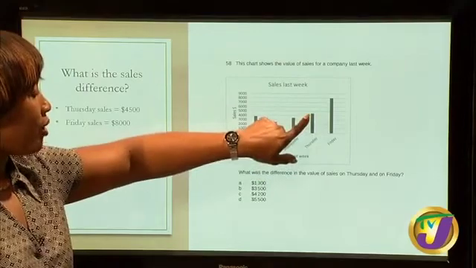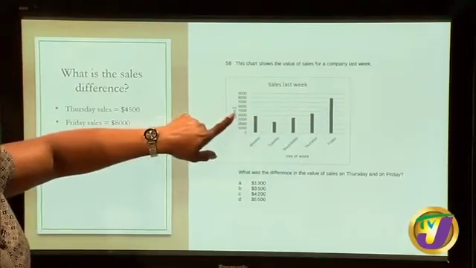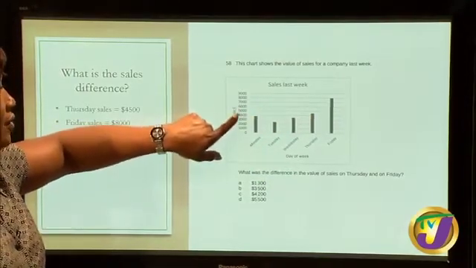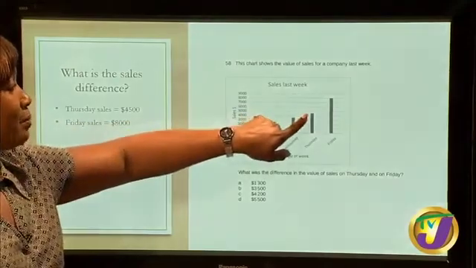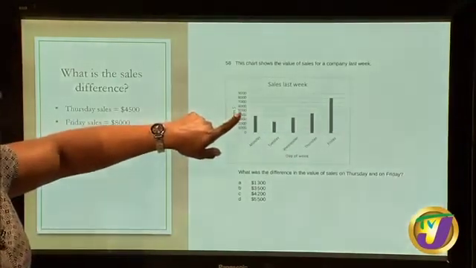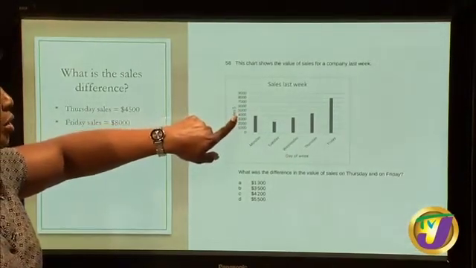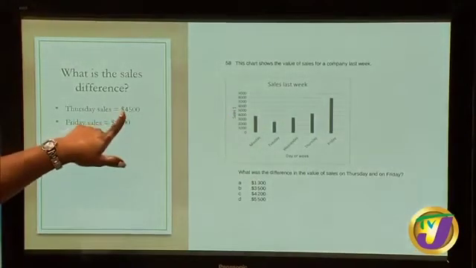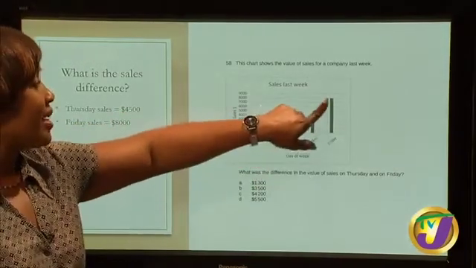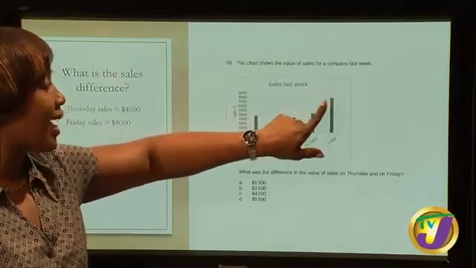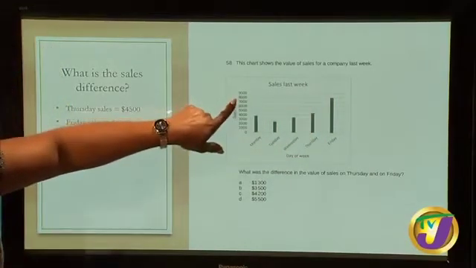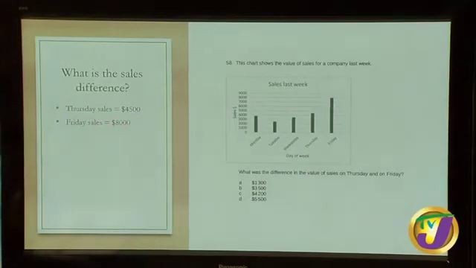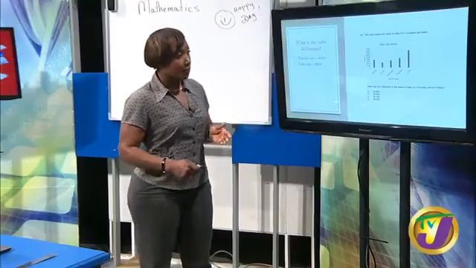We'd go up on the bar and go across to figure out what is the value of the sales. And as you can see, the bar is pretty much in the middle of 5,000 and 4,000, giving us the 4,500. Friday, it's right on the line. That is lined up with 8,000, and that's how we'd get the values for both Thursday and Friday.